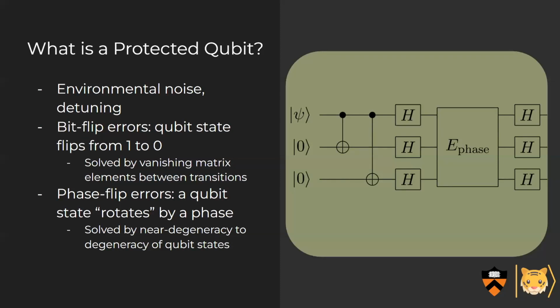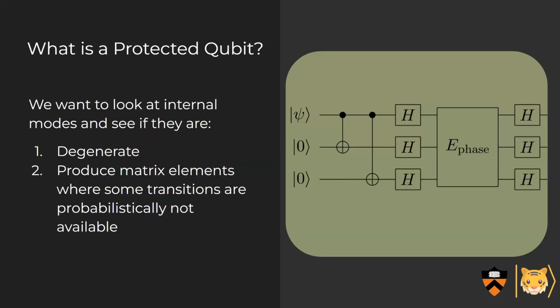And for phase flip errors, if your qubit system is somehow degenerate or near degenerate, there is a chance that you might be able to solve phase flip errors. So basically what this means is that we want to design a qubit, look at its internal modes and see if there's any chance for it being degenerate.